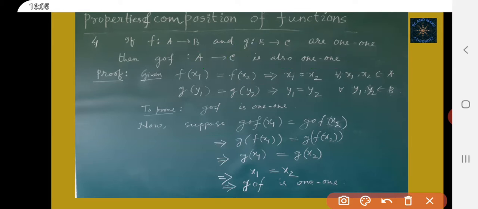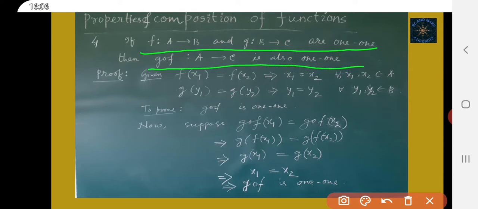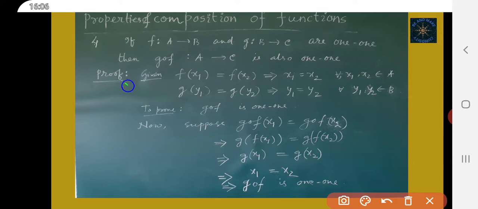So here what is given? If this is given, we have to prove GOF is also one-one. You know that f is one-one.